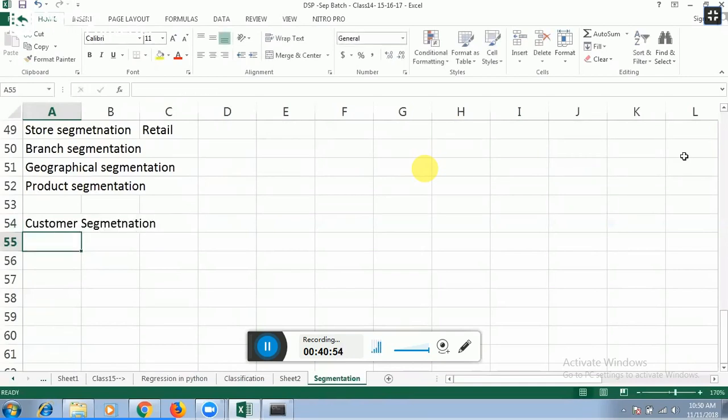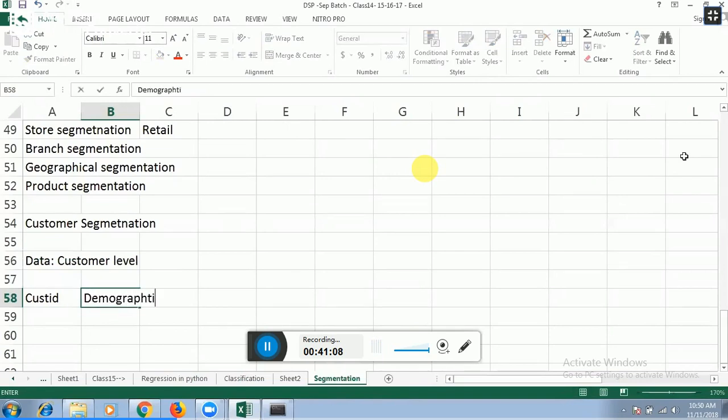So when I say customer segmentation, the data will be at a customer level. Correct? So when I say customer level, it means customer ID and, of course, different attributes of customers, for example, demographics and behavior.